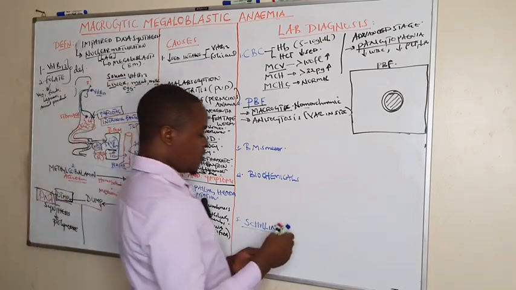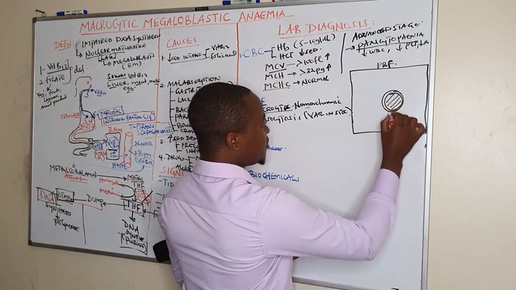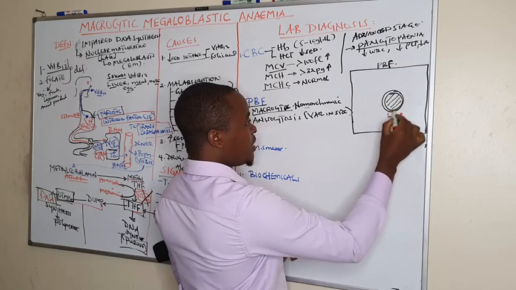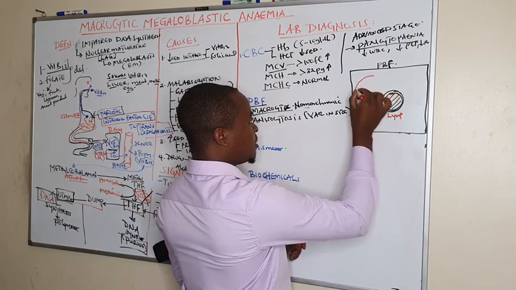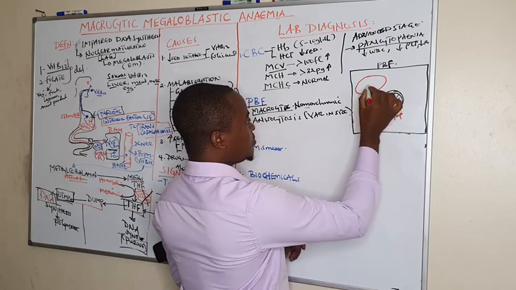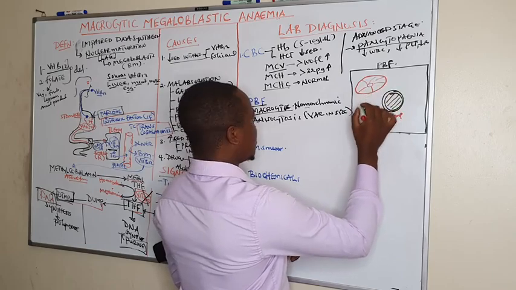Like if we draw in our peripheral film, we find this is a lymphocyte, a small resting lymphocyte. If I compare with the nucleus, you find that these ones are big but oval in shape. So this is what we call macrocyte oval.